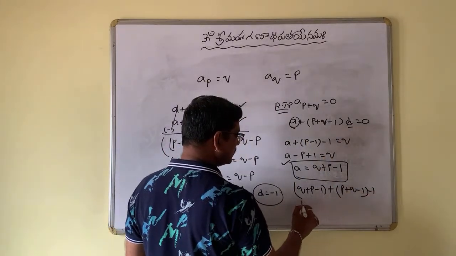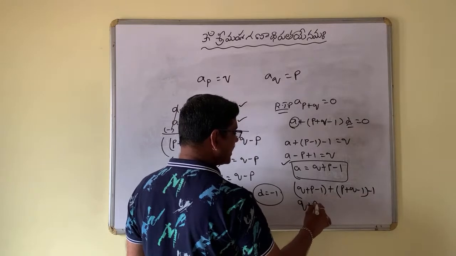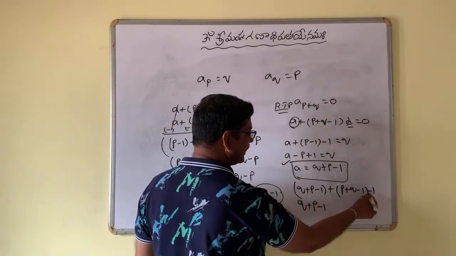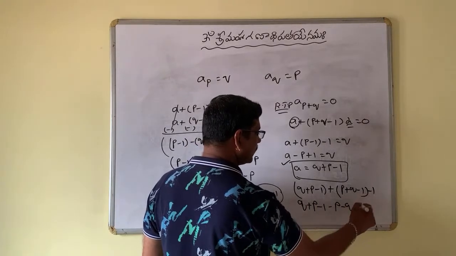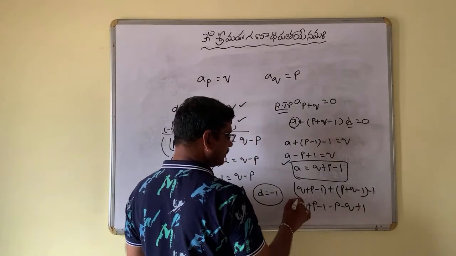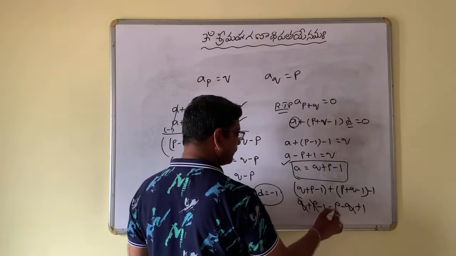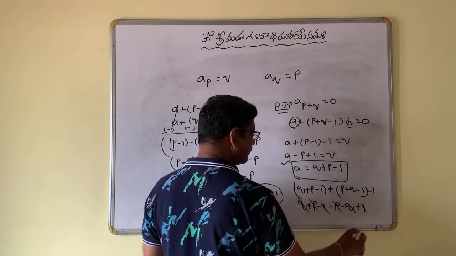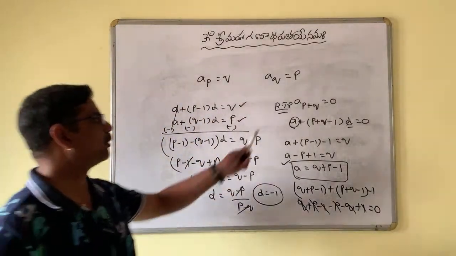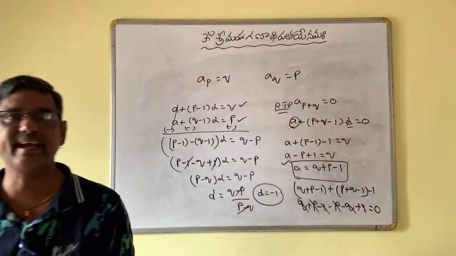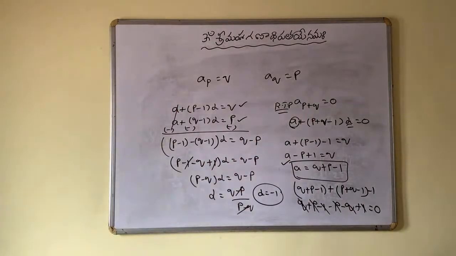Simplify: Q plus P minus 1, multiply by negative 1, minus P minus Q plus 1. Q and Q cancel, P and P cancel, minus 1 and plus 1 cancel. The answer is 0. So the (P plus Q)th term is 0. This is what we have to understand.